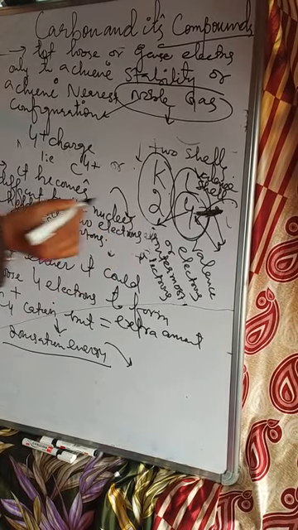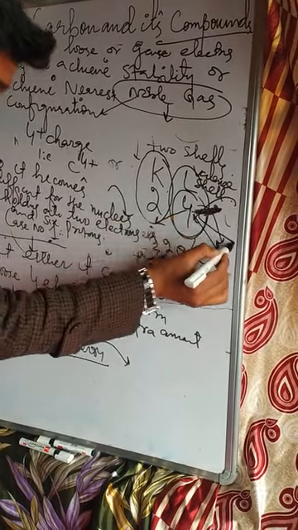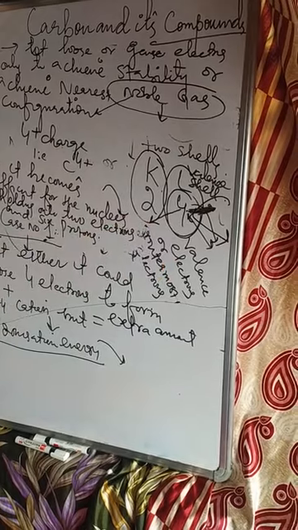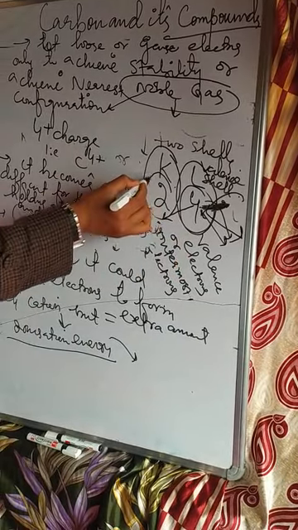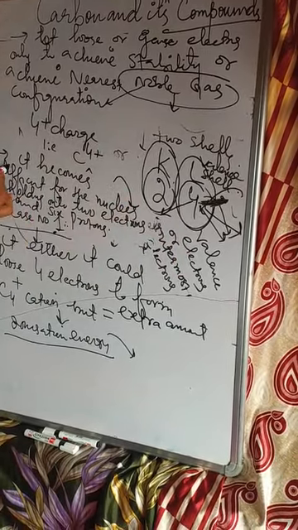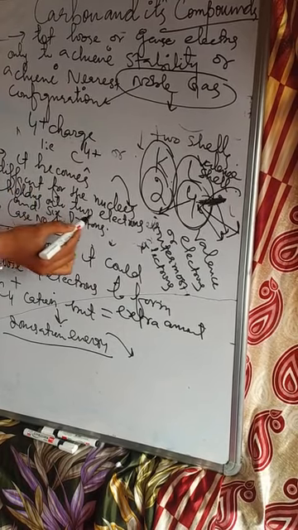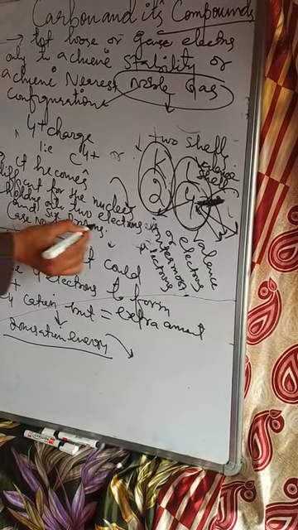The moment it loses its 4 electrons from the last shell, it will have only 2 electrons, and it will be difficult for the nucleus to hold on to 2 electrons with 6 protons in its nucleus.